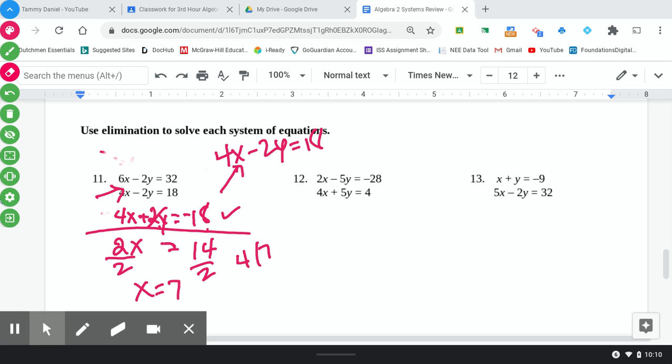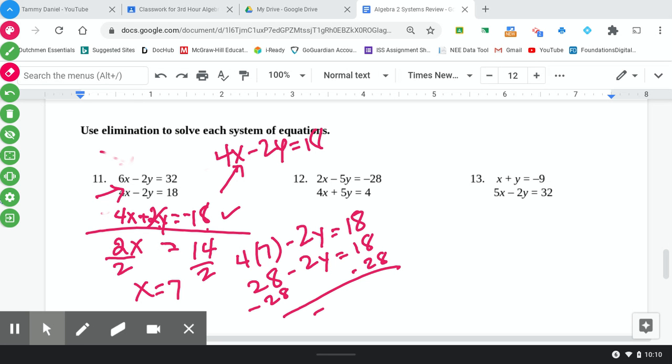So 4 times 7 minus 2y equals 18, which is 28 minus 2y equals 18. We subtract 28 from both sides, and negative 2y equals negative 10. If we divide by negative 2, we get y equals 5. So now we have x is 7 and y is 5. So our ordered pair is 7, 5.